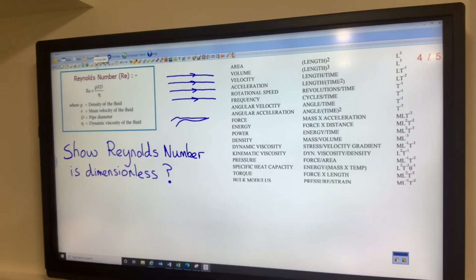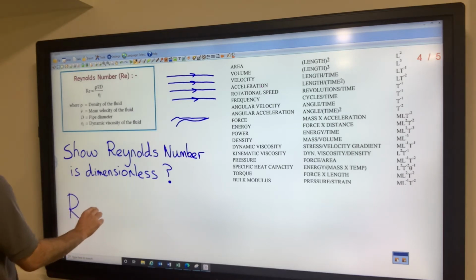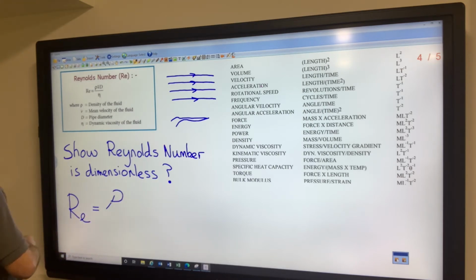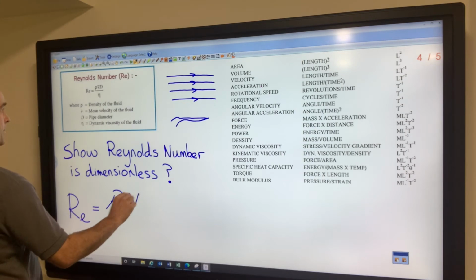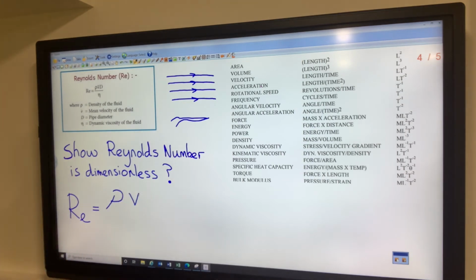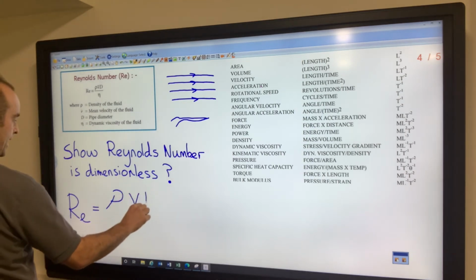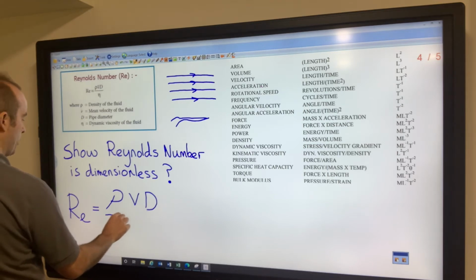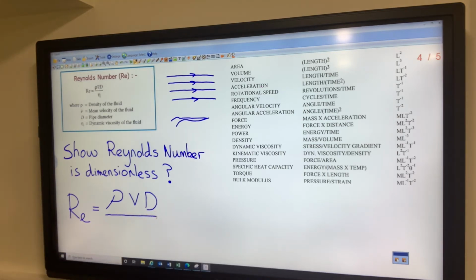Right, so we've got an equation here, a bit small there, so I might rewrite it. So the Reynolds number, which hopefully is going to be dimensionless, is rho V D over mu. That's the density, times V, which is velocity, times D, which is diameter of your pipe, divided by that Greek letter there, dynamic viscosity of fluids.